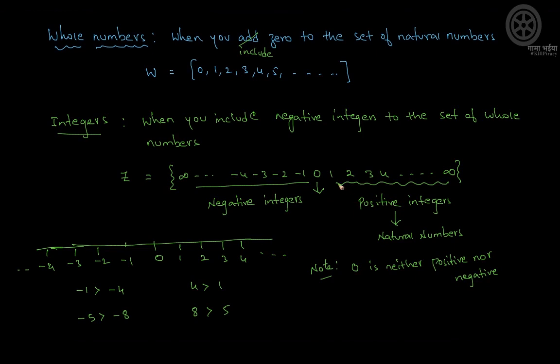When I ask what the positive integers are, you say 1, 2, 3, 4. All positive integers are natural numbers, so we did not count 0 as a positive integer. In the same way, negative integers start from -1, -2, -3, -4. So 0 is neither positive nor negative.